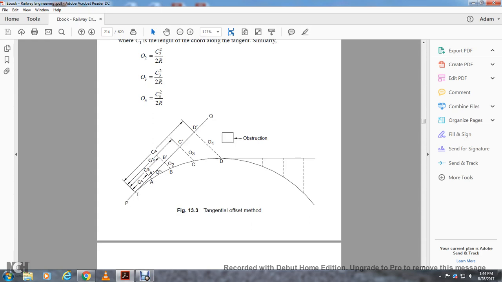Figure 13.3 shows the tangent offsets method, with C1, C2, C3, C4 the lengths from T to A, B, C, and D along the tangent.